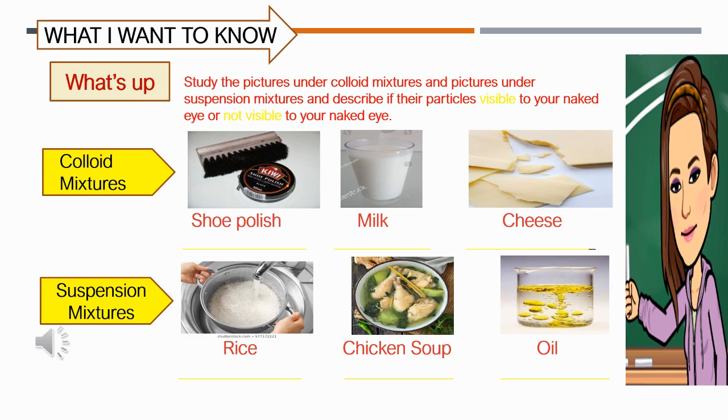Pictures under colloid mixtures are shoe polish, milk, and cheese. Pictures under suspension mixtures are rice, chicken soup, and oil. Go!